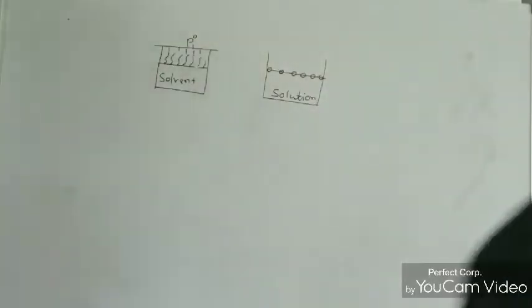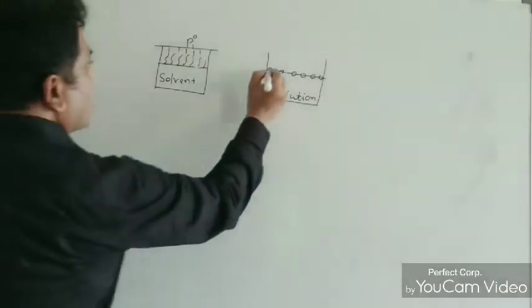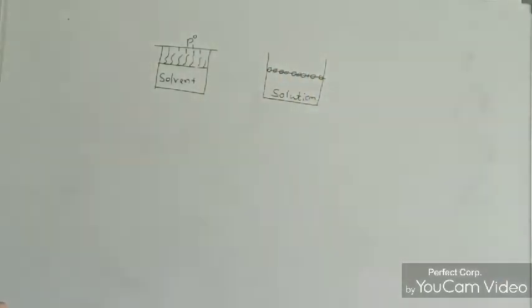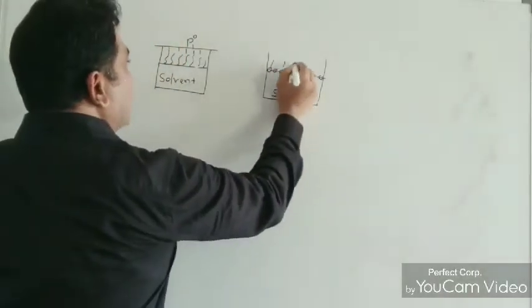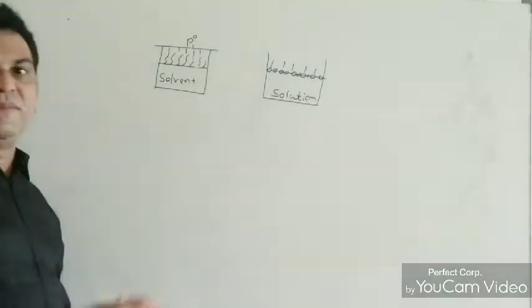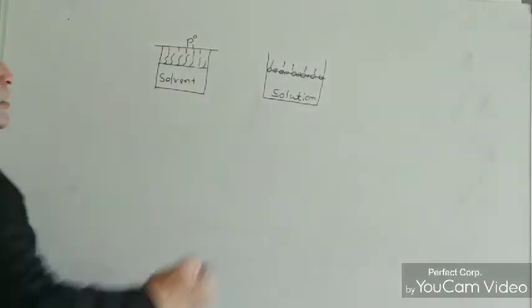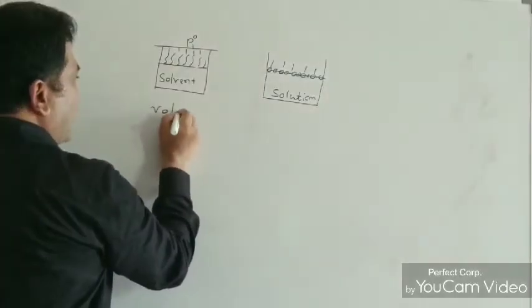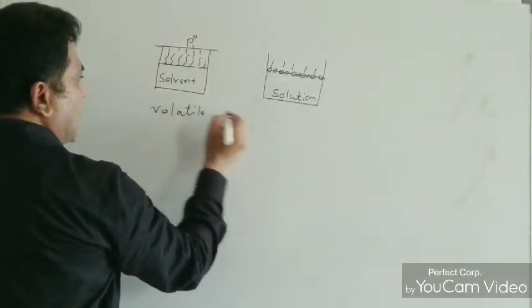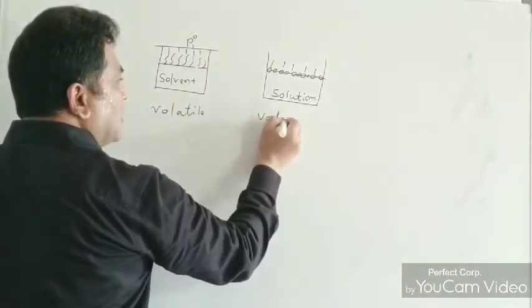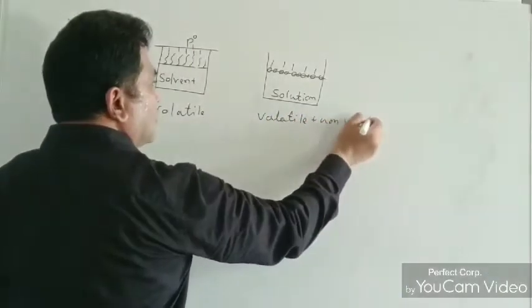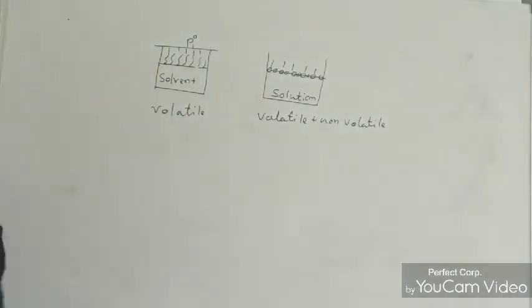So what will happen? The pressure will be reduced if this solute is non-volatile. So this one is volatile, and this one is volatile plus non-volatile. This is our idea.